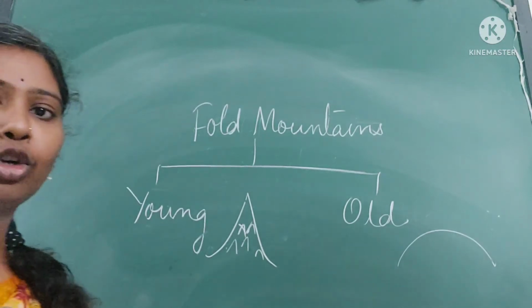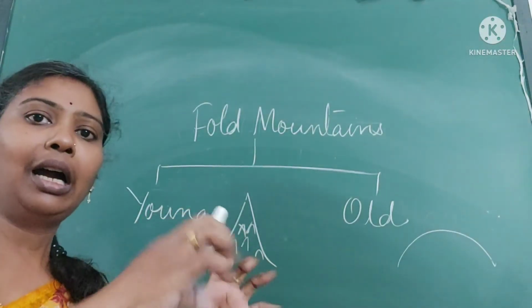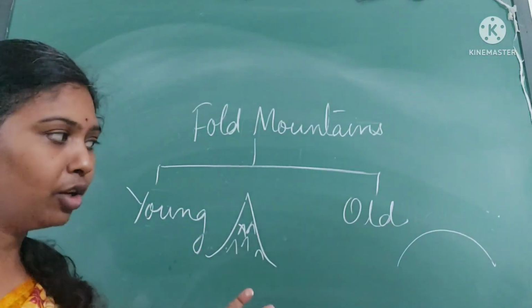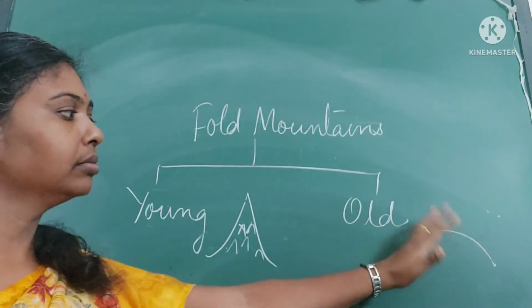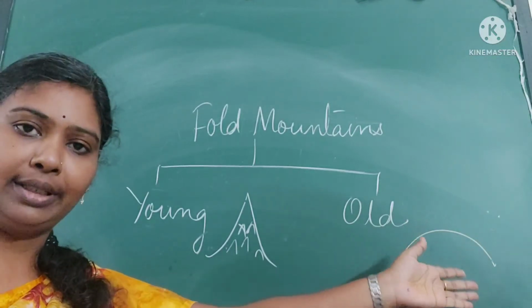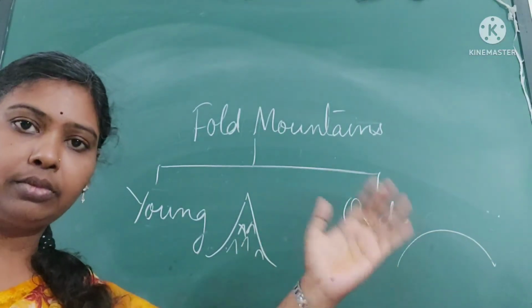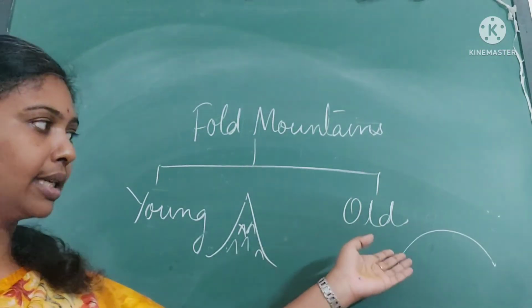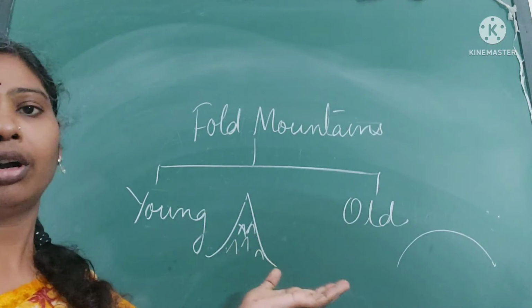Rugged means very harsh, not very smooth. Old fold mountains have very smooth landforms because they are subjected to weathering for a longer period of time.